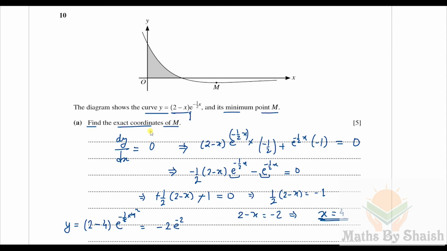Since we need to give the exact coordinates of M, we'll write M as x coordinate 4 and y coordinate minus 2 over e raised to the power 2, because we can write it as it is as well, but to make the power positive, I transfer it into the denominator. So that's it. Let's do the B part.